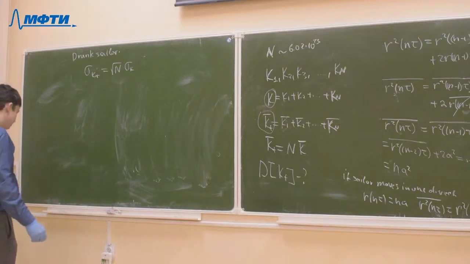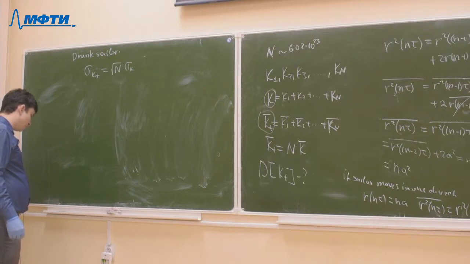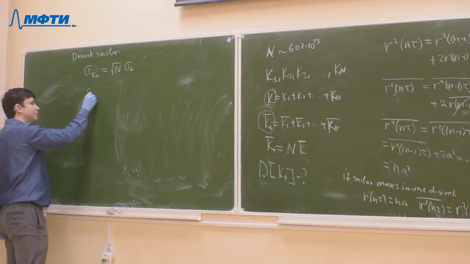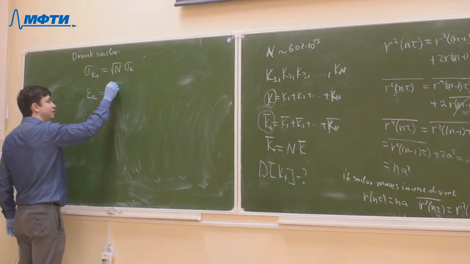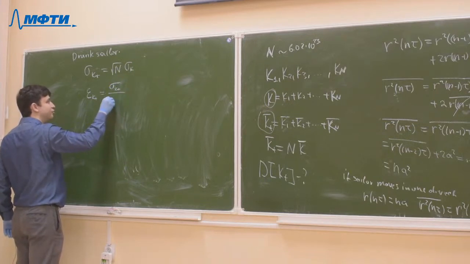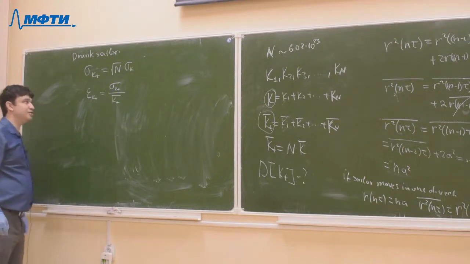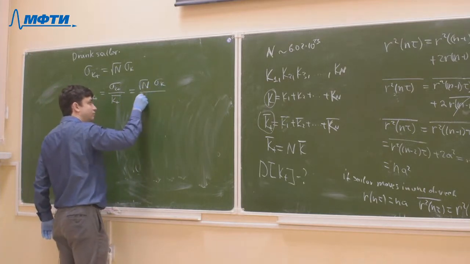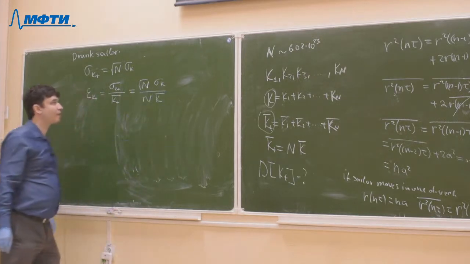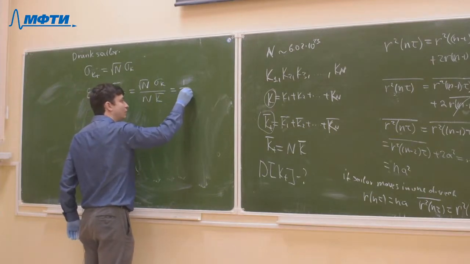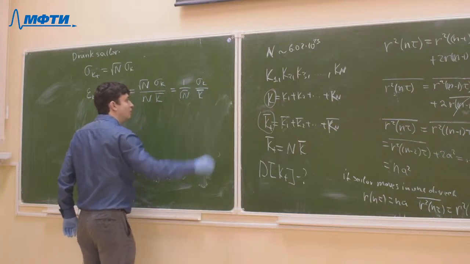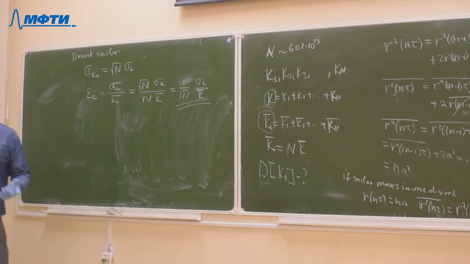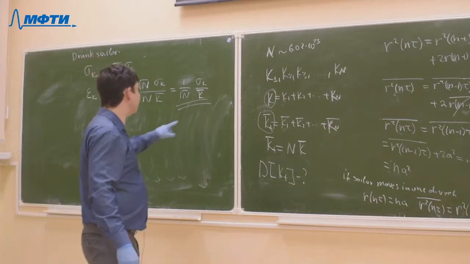And then if we look at a relative deviation of total kinetic energy from its average value, defined as the ratio of the standard deviation to the average total kinetic energy, then we get this expression: 1 over square root of n multiplied by the standard deviation of the kinetic energy of one particle divided by the average kinetic energy of one particle.